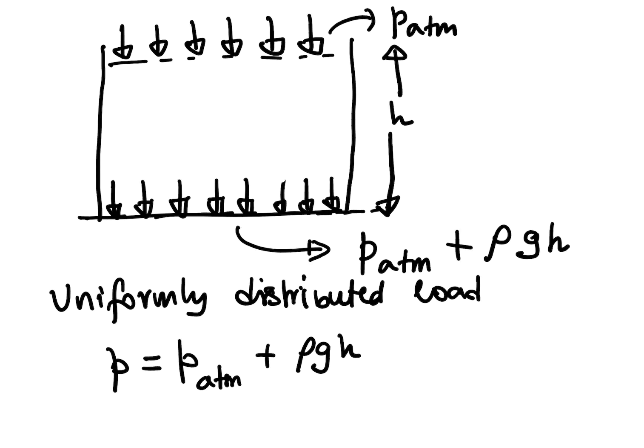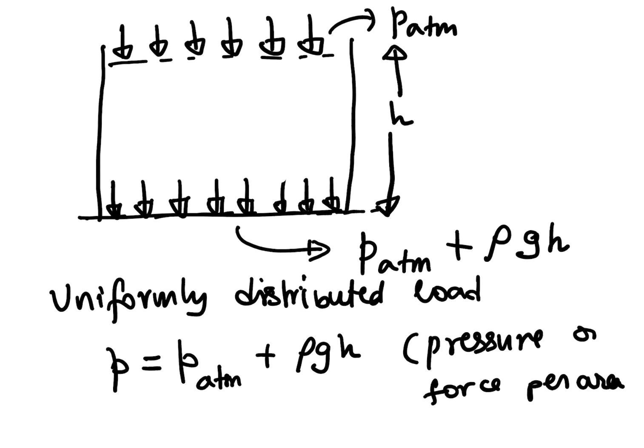That is the pressure that is acting on the bottom surface. Now if you wish to compute what is the force, this is the pressure, which you know is force per area. Okay, it's a distributed load per area.